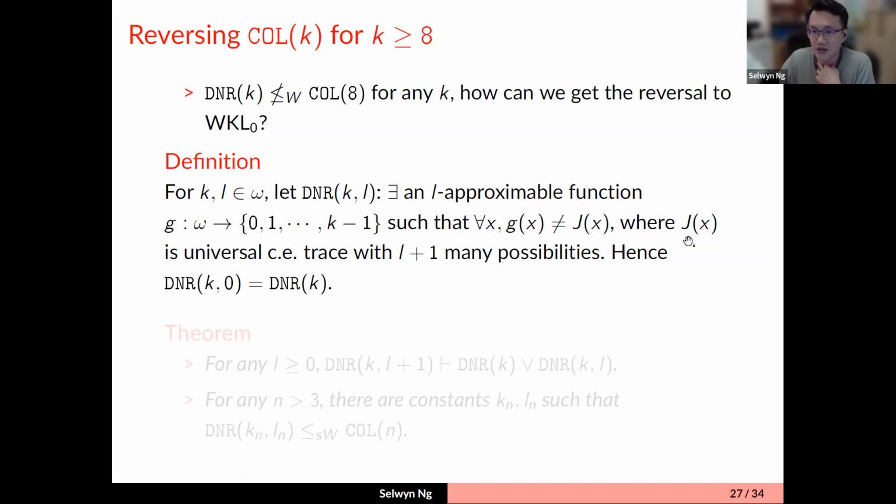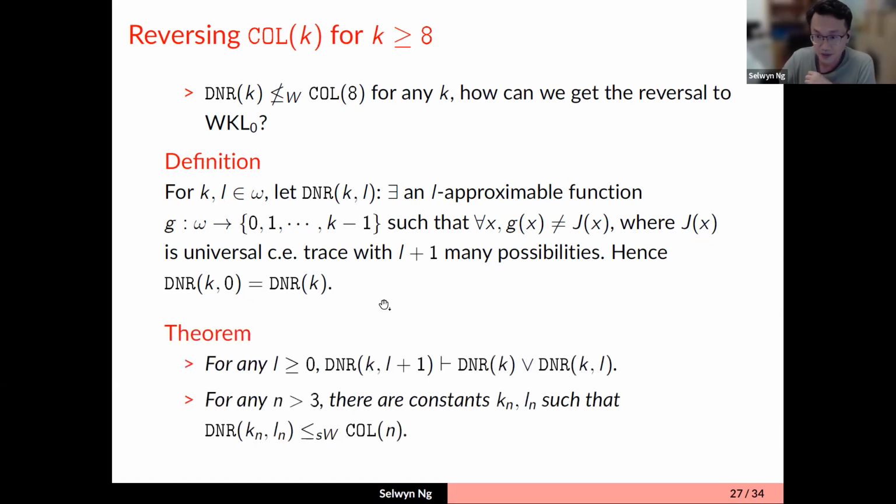So we allow J to be replaced by a universal CE set with L plus 1 many possibilities, and we want G to avoid the set encoded by J of X. In particular, when L is 0, that's just the same as the principle DNRK. And one can show that DNRK,L+1 implies DNRK,L, which means that everything can be reduced all the way down to WKL.